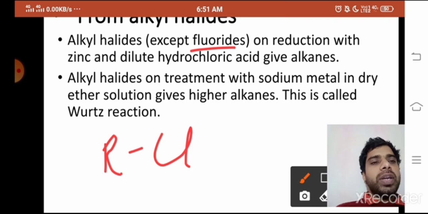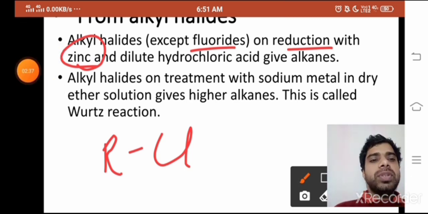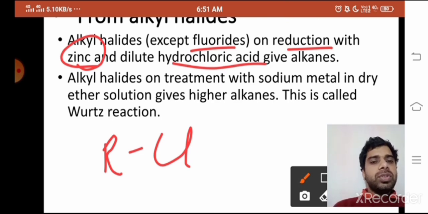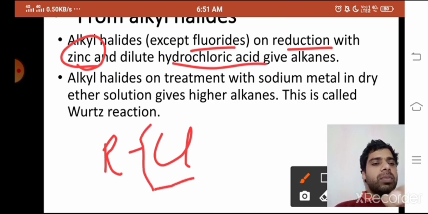On reduction with zinc, whenever you take a metallic element like zinc, it acts as a reducing agent, and you have to take dilute hydrochloric acid. In the presence of dilute hydrochloric acid, zinc will remove this Cl, and Cl will form a stable compound with H plus.